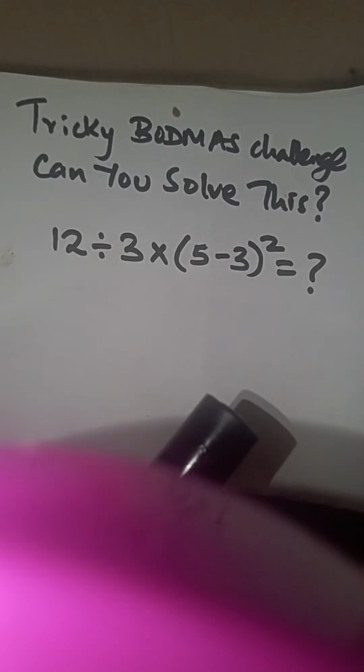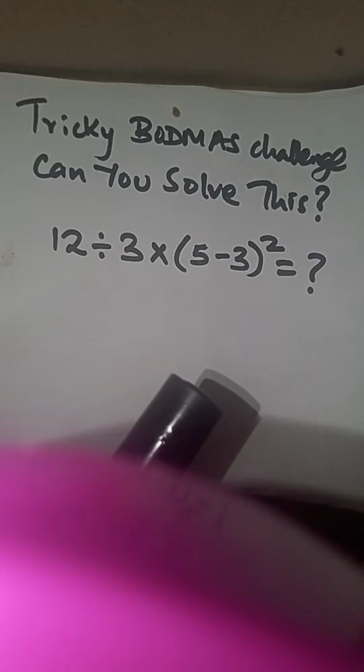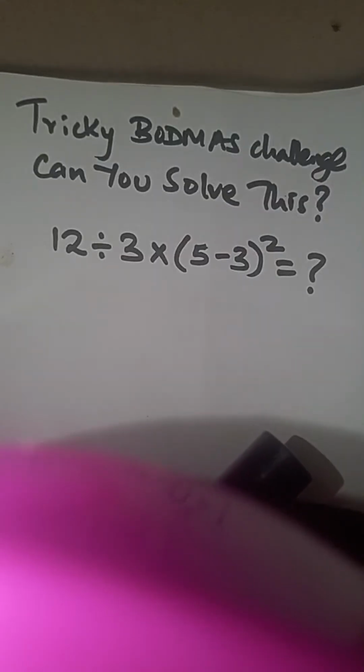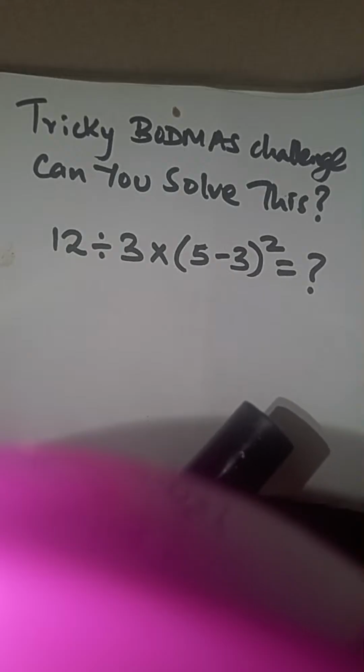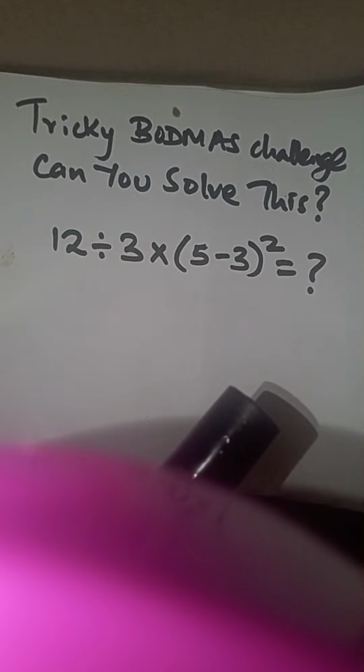Here you are saying that 3 multiplied by 2 is equal to 2 plus 2 plus 2, of course, which is the same as 3 times 2. There's no difference.